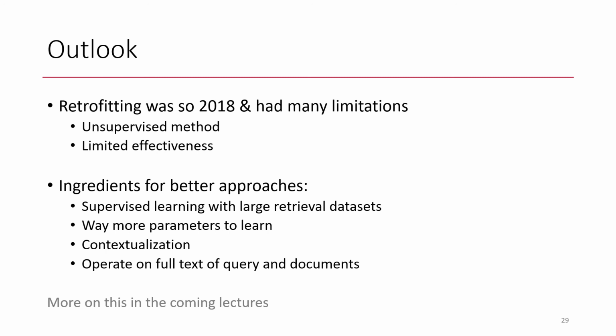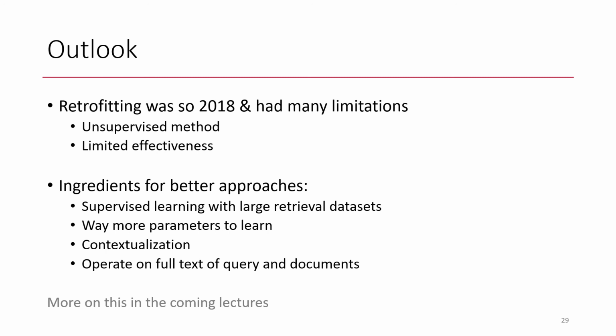But since 2018, a lot of stuff happened in the field of neural information retrieval, and we have a recipe book now with ingredients for better approaches. So we are using supervised learning with large retrieval datasets on top of unsupervised pre-training.